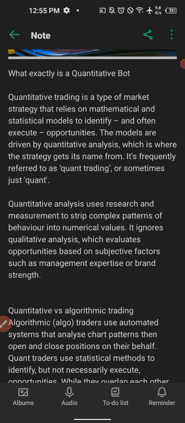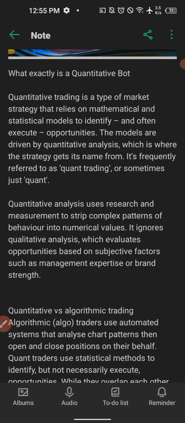Well, this might sound like big English, but the simple thing is a quantitative bot basically uses measurement, uses statistics, and it implements this statistic into your trade. Now, this simply tells you that a quantitative bot helps you apply the dollar cost average methodology very well as a normal crypto trader. An algorithm bot, on the other hand, does not just apply.